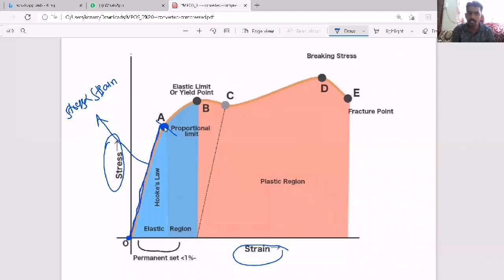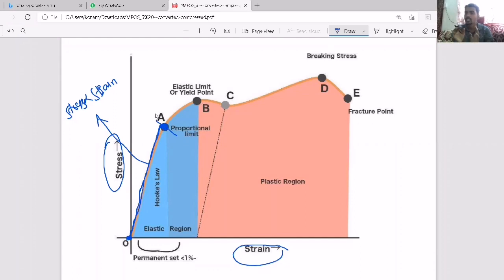Now at this point, if you remove the deforming force, the body can regain its original shape. It will come back. That's why we call it the elastic region.